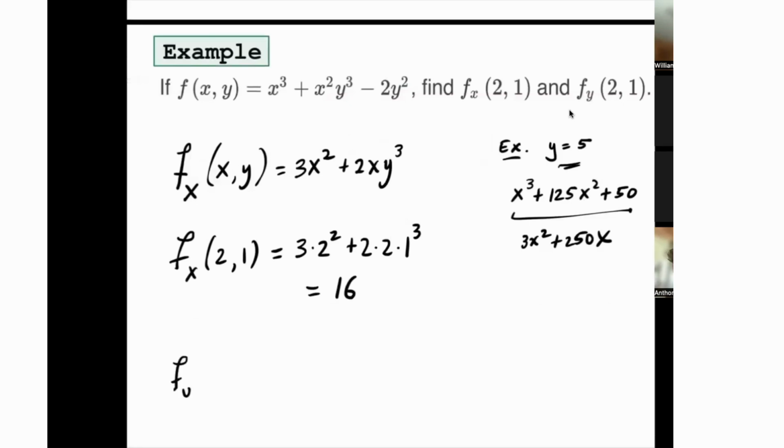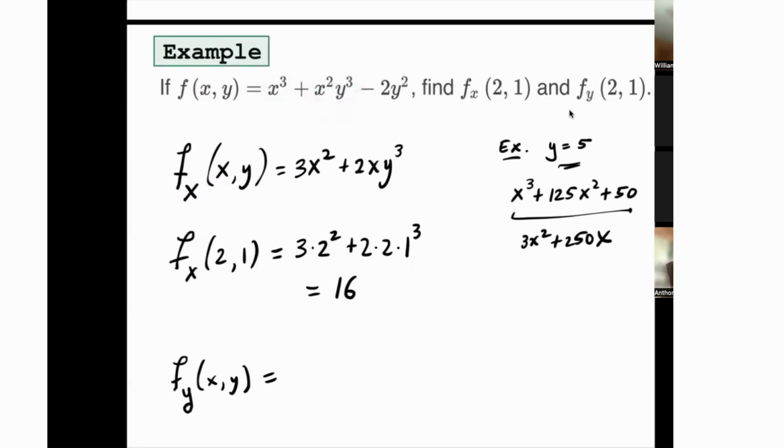Similarly, if we take the partial derivative with respect to y, going back to our original function, when you take the partial with respect to y, now you have to imagine x is the constant. So what's the derivative of x cubed? If x is constant, the derivative is 0. For the second term, we have a constant x squared times y cubed.